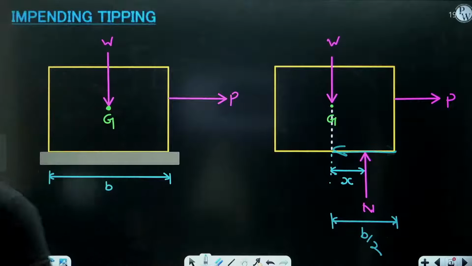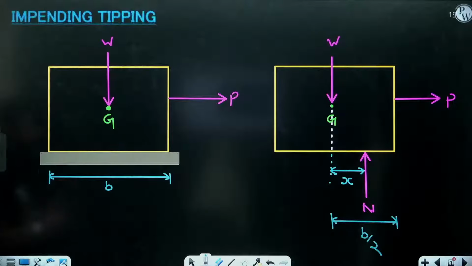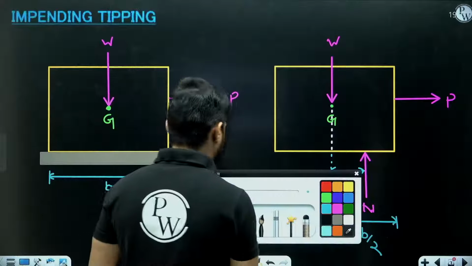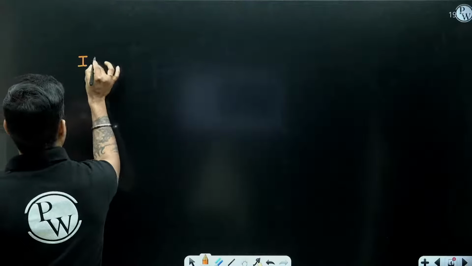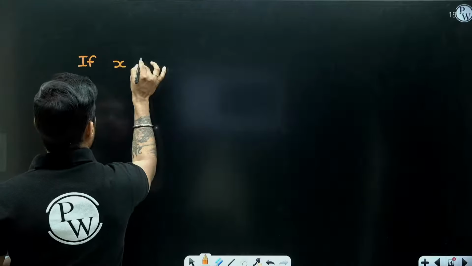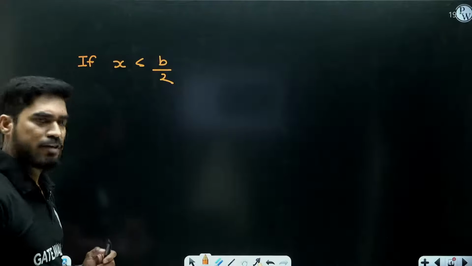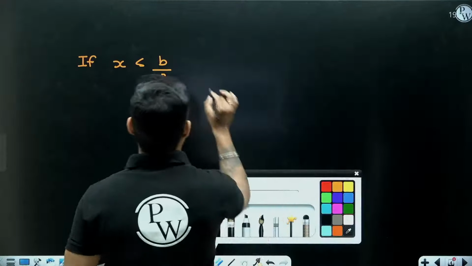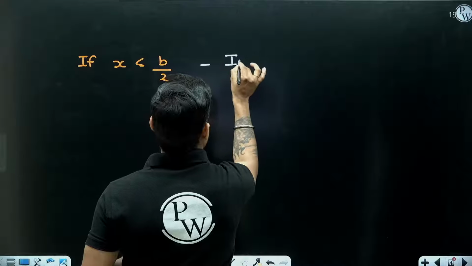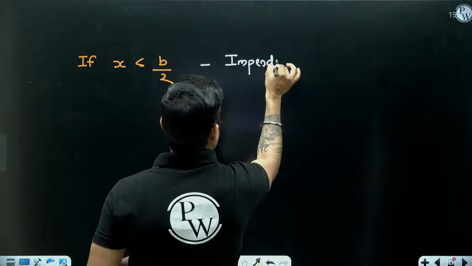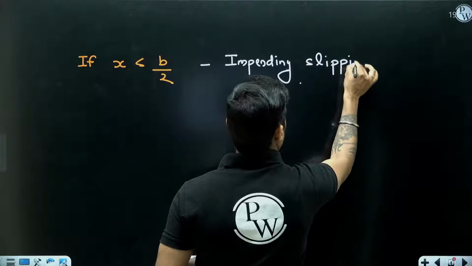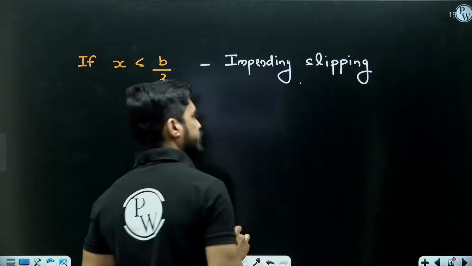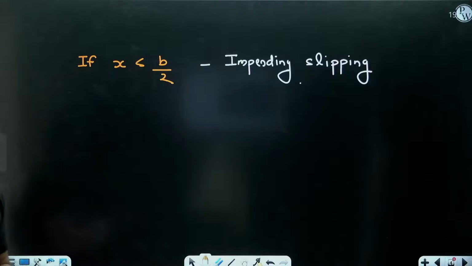If the value of x is less than B by 2, it will be impending slipping or impending sliding.